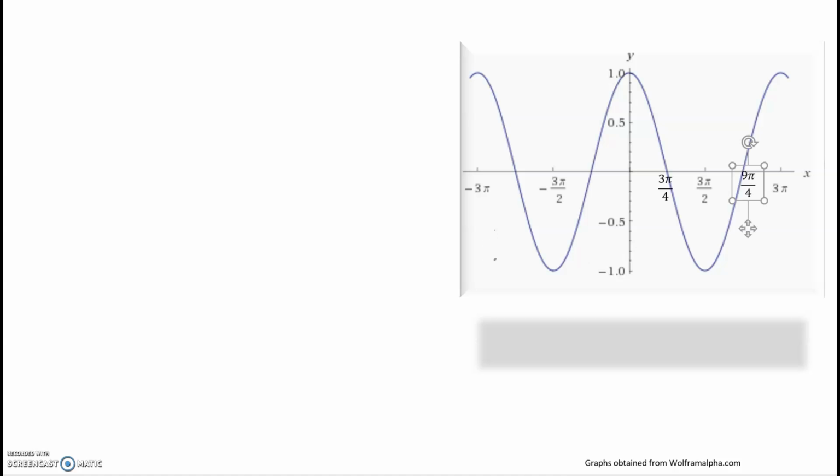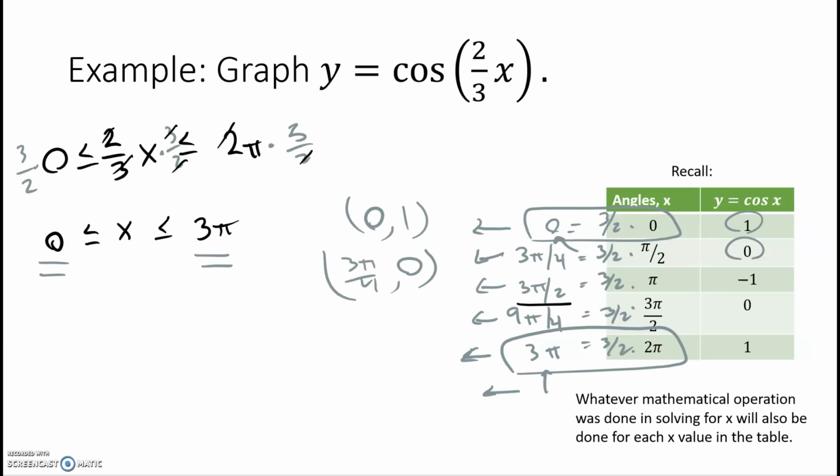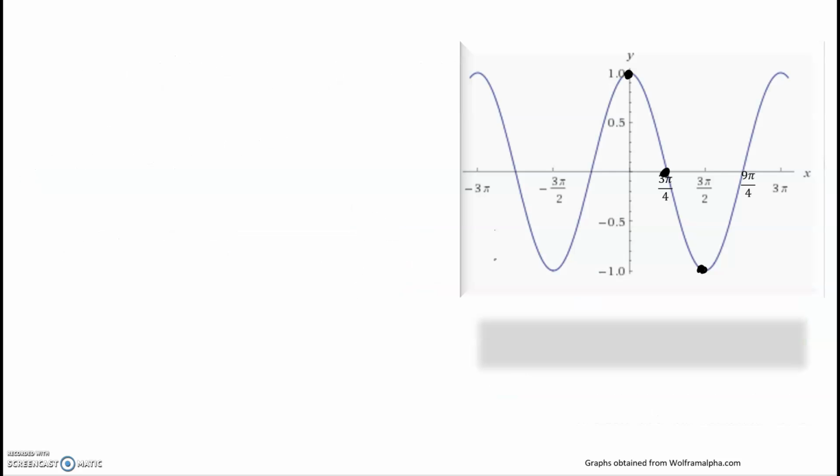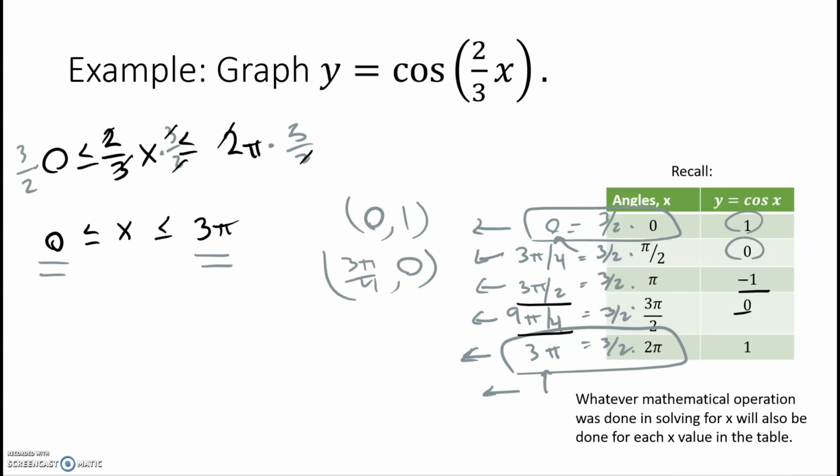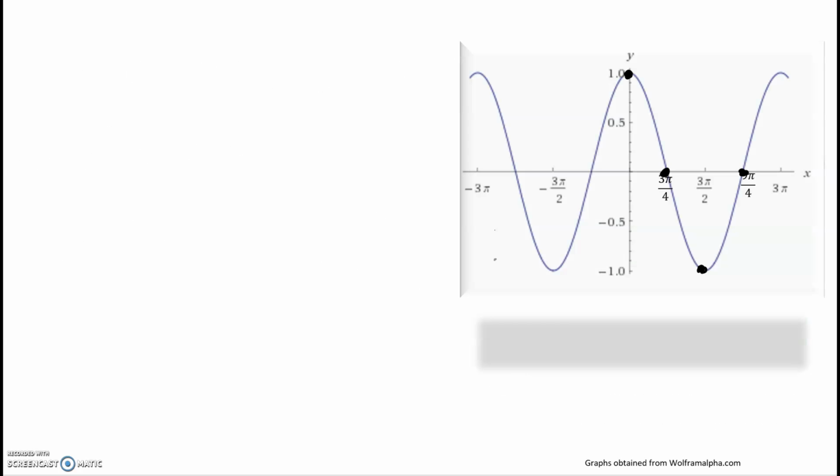So notice here's my 0, 1, and then here's my 3 pi over 4, 0, and then my 3 pi over 2, negative 1, like we have right here, and then I need 9 pi over 4, 0, and then the last one, 3 pi, 1, back at 1.